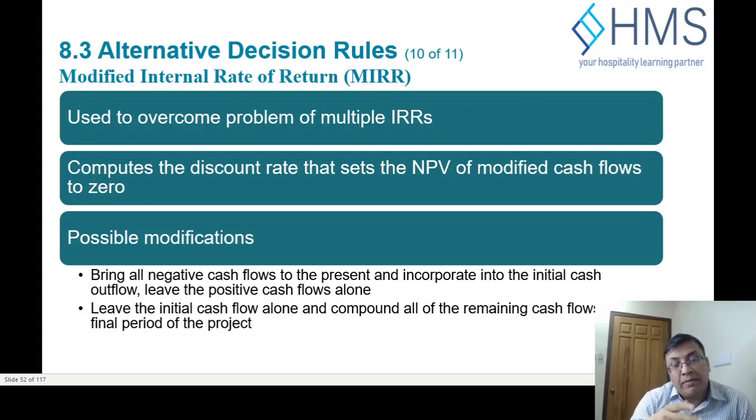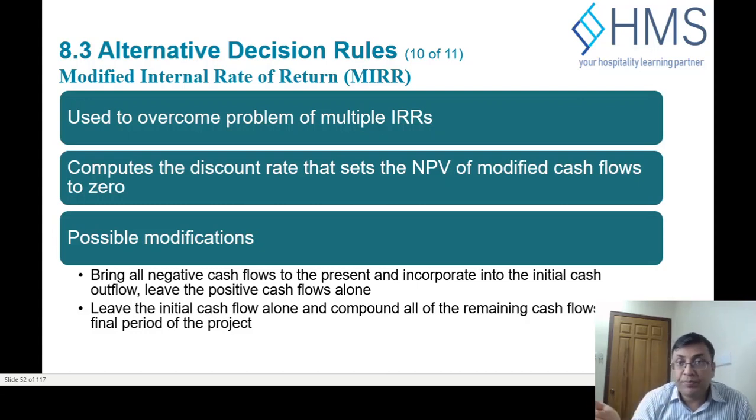Otherwise, you leave the initial cash flow alone and compound all the remaining cash flows to the final period of the project. So you have only two cash flows: one is the initial, and the other is the compounded amount at the final year.